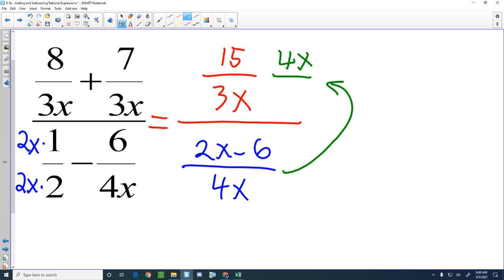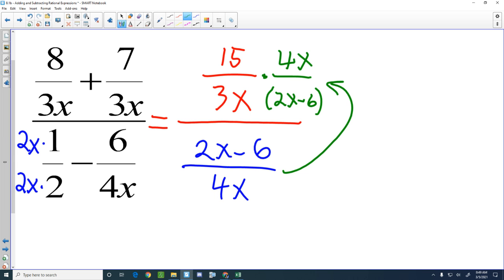I'm flipping that bottom fraction upside down. The 2x minus 6, that was in the numerator of that bottom blue fraction, is now the denominator. And these two are being multiplied. Okay, dividing by one fraction is the same as multiplying by the other.